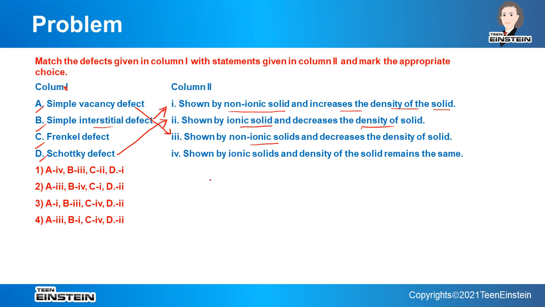And the last one is left, so it must be Frenkel defect, shown by ionic solid, and density of the solid remains the same. In case of Frenkel defect, no vacancy is created, only the position of the particle is shifted. So that is why density remains the same. So C will be 4.